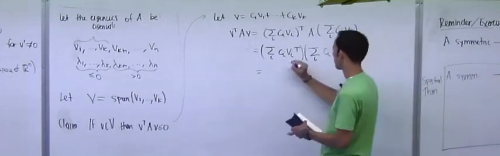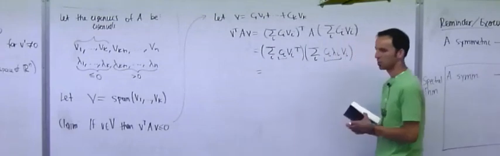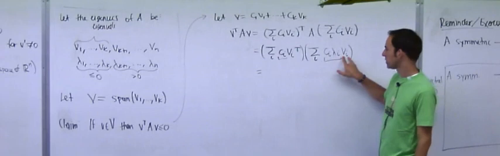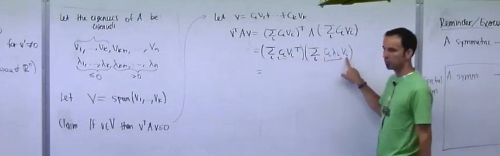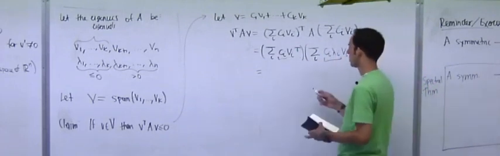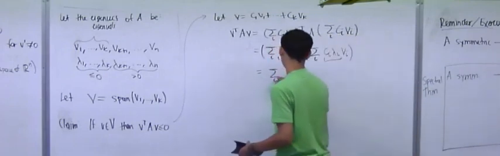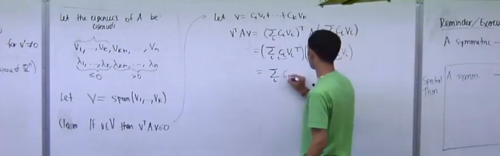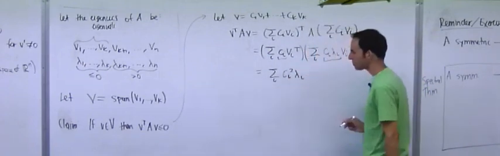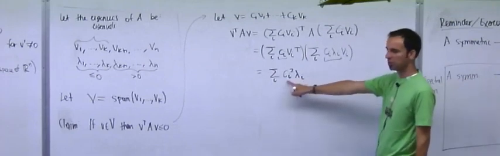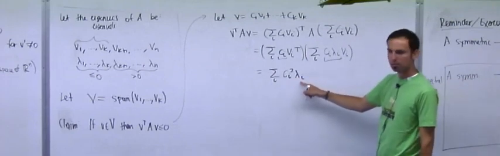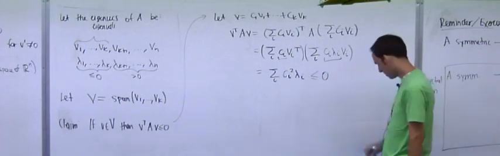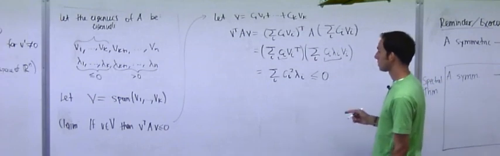I mean, these are numbers, right? If I have a vi transpose vj, that's going to disappear. And if I have a vi transpose vi, that's going to be 1. And so what's going to be left here is just the terms for i equal to j. I'm going to get ci squared lambda i. ci squared is positive, and the lambda i's are less than or equal to 0. So it's basically the same argument that I made a minute ago.